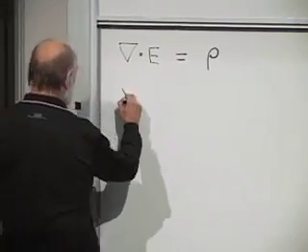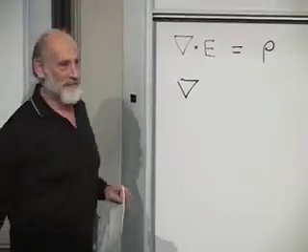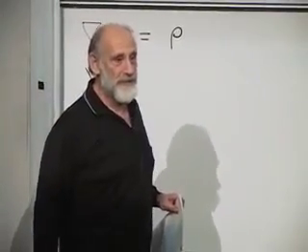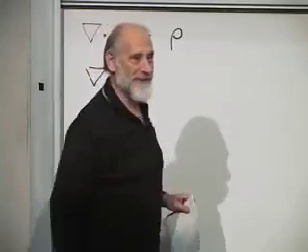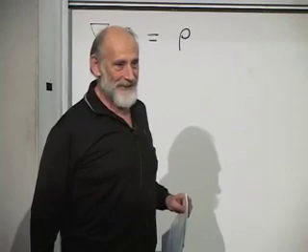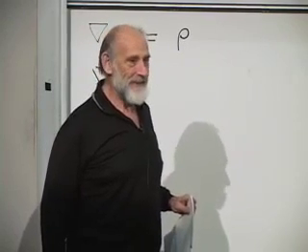The curl of E, everybody know what a curl is? No. Who said no? Did you mean it, or shall I explain it? You do or don't? I do. I didn't say no. I know.